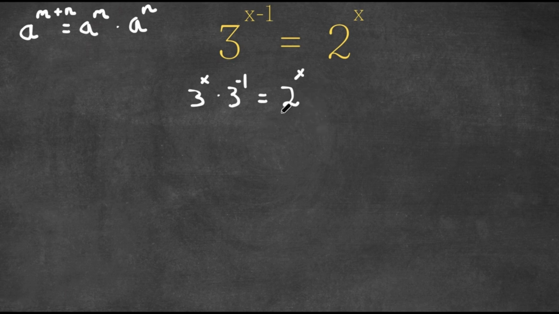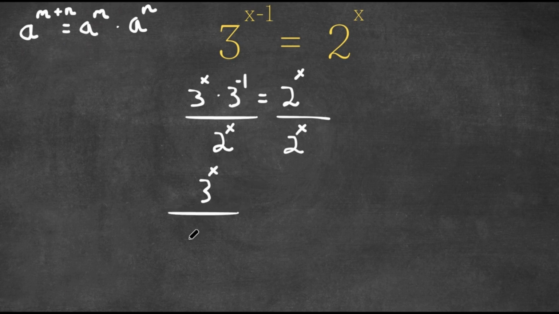Now I'm actually going to divide by 2 to the power of x on both sides. So now we have 3 to the power of x, and I'm actually going to move the 3 to the power of negative 1 to the denominator, and now it's going to be 3 to the power of positive 1.